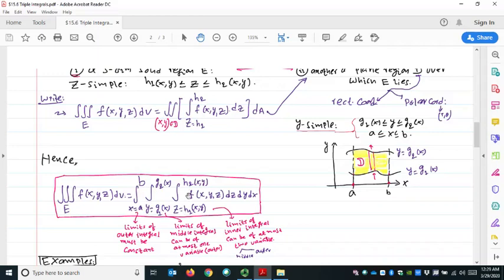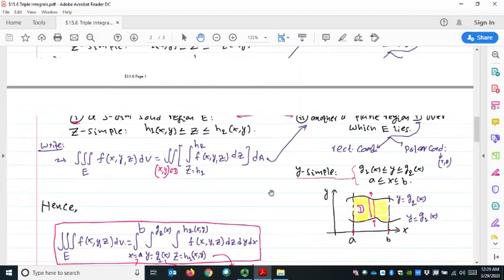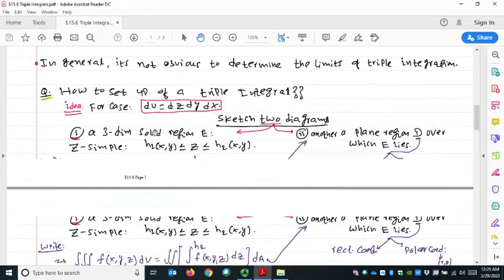The z integral can depend on these two variables x and y, and the y integral can depend on the x variable, but the x integral must have constant bounds or constant limits. Hopefully this makes sense to you, how to set up a triple integral in this particular order, dV equals dz dy dx.